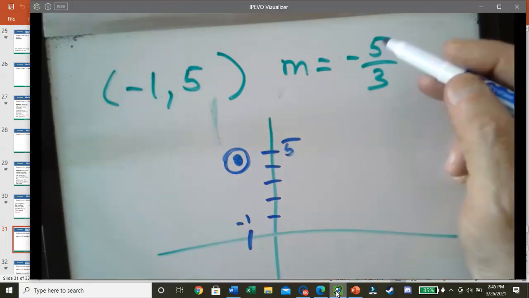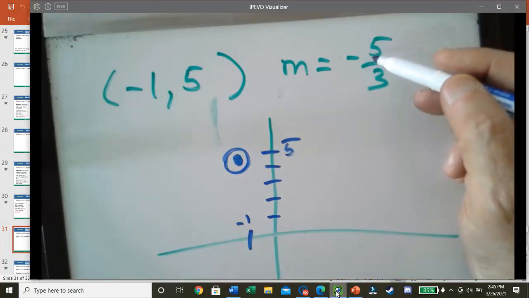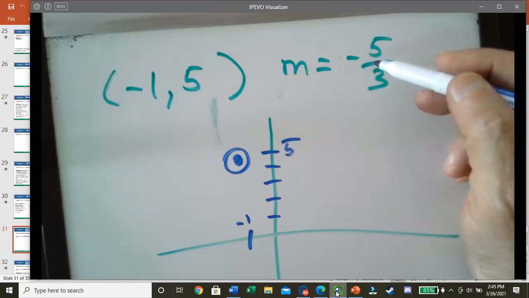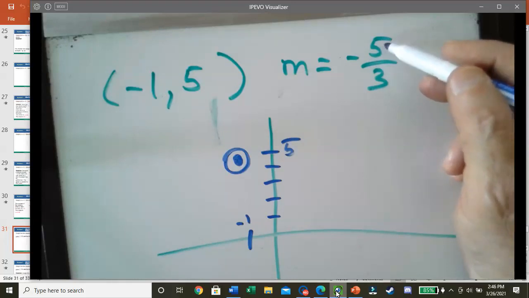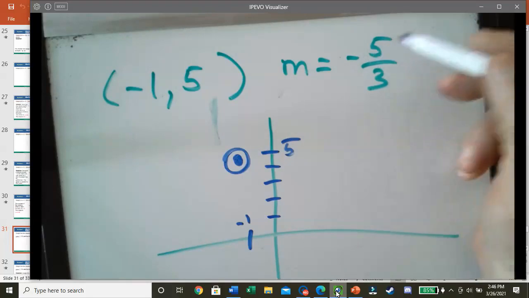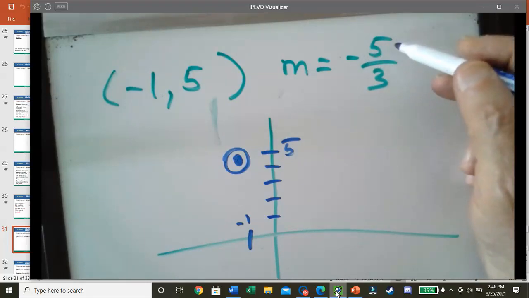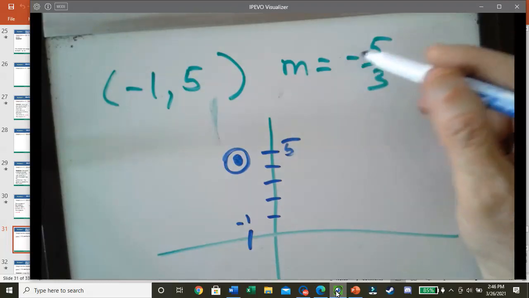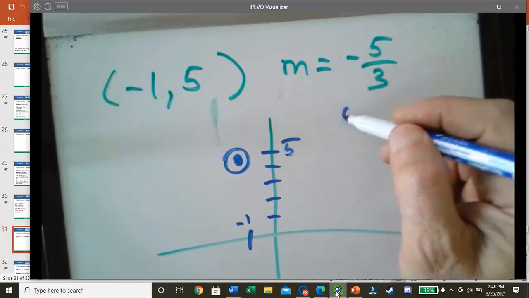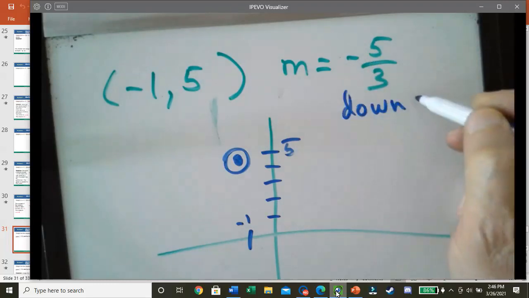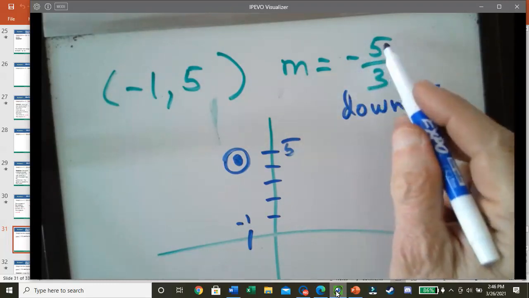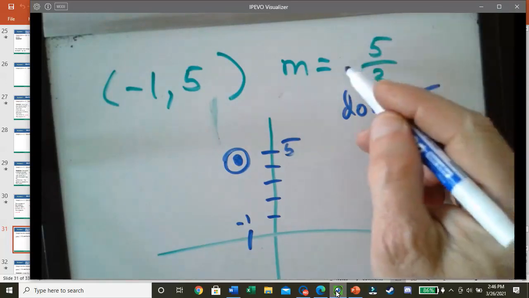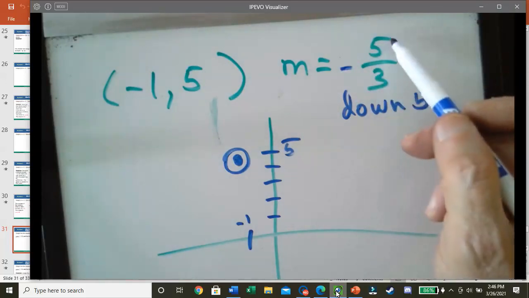Now here, the negative always goes with the numerator. So that means this is going to go up 5 or down 5? It's negative, so it's going to go down 5. Even if it's off to the side like this, the negative always goes with the numerator.